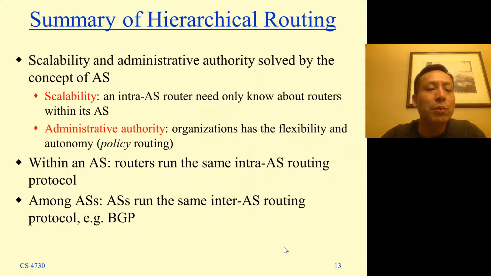To solve this problem, we divide the network into autonomous systems, and we can do intra-domain routing inside each one, and we do routing across multiple autonomous systems using inter-domain routing, right?